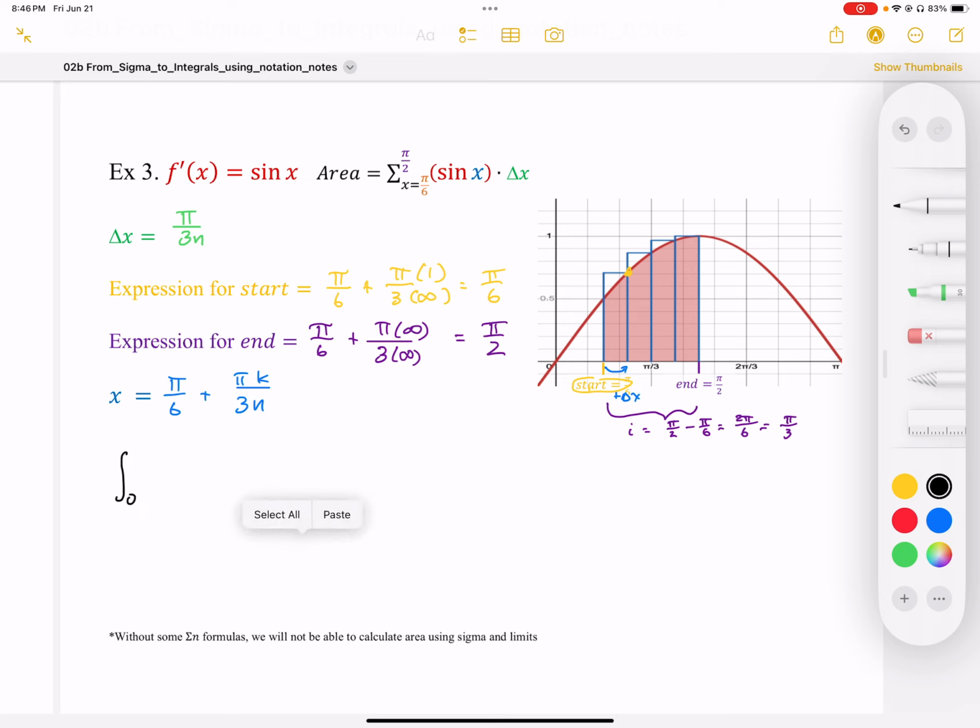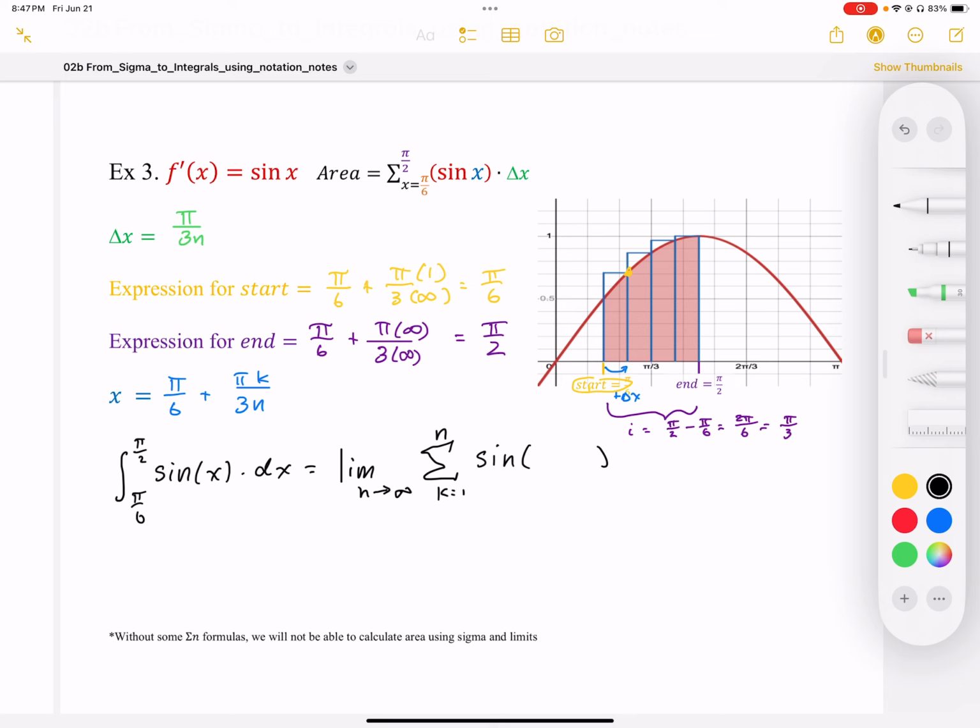The exact area from pi over 6 to pi over 2 of sine x can be done with a Riemann sum limit as n goes to infinity of the expression sine, I need to sum from k equals 1 to k equals n of sine of x.